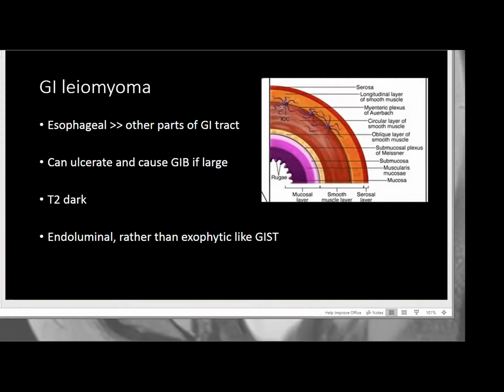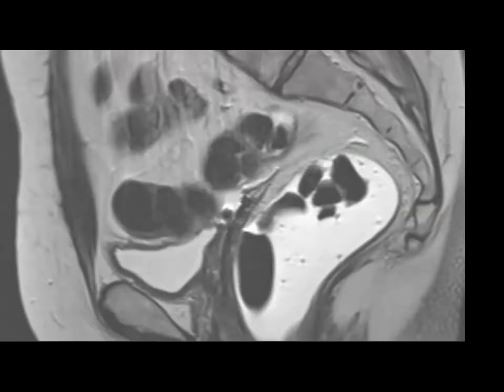Whereas the interstitial cells of Cajal that give rise to the GIST tumors are at this deeper border. And so they have more of a tendency to grow exophytically. So I thought that was interesting that the ICC cells are kind of deeper, and that's why they have more of an exophytic predilection. But I think for this case, a lot of us would say endometriosis, and I think that's reasonable.